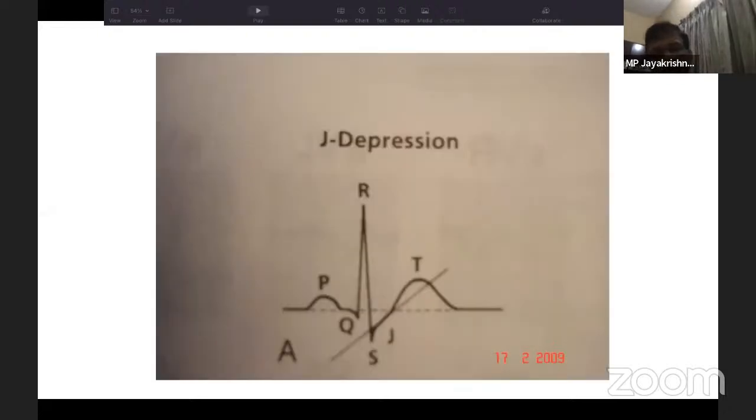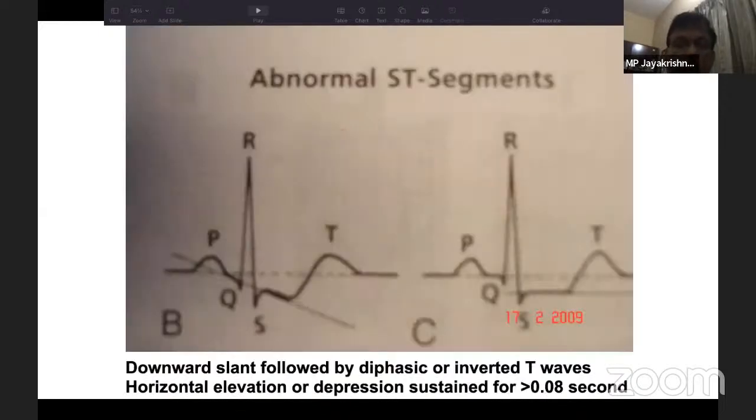The J point is the point where the QRS complex ends and the ST segment starts. This particular type of so-called depression is not very clinically significant. This is a J point depression. Whereas this type of depression, where the ST segment has a downward slant followed by a T wave, looks like there is a negative component for the T wave in the beginning.